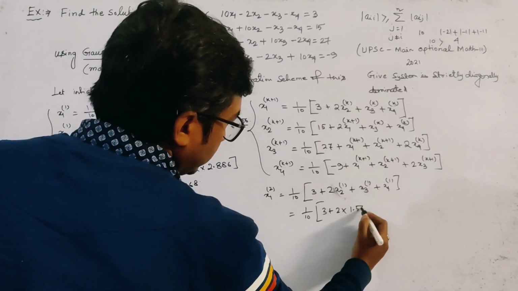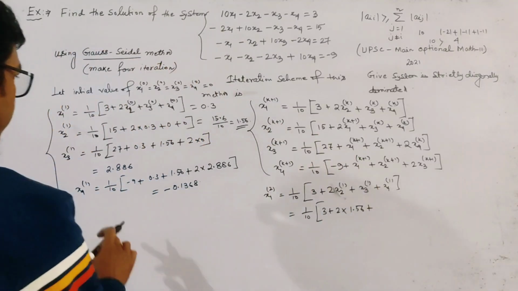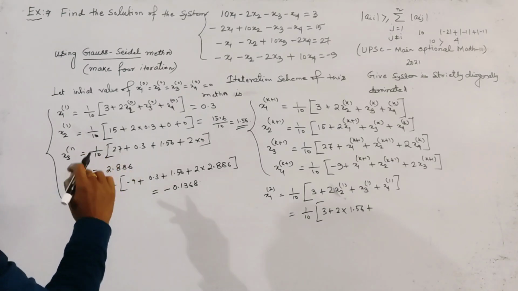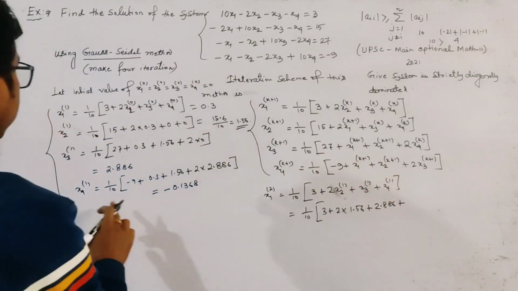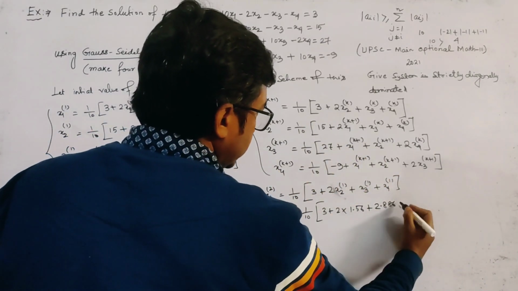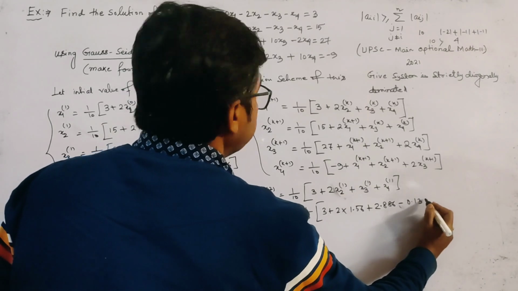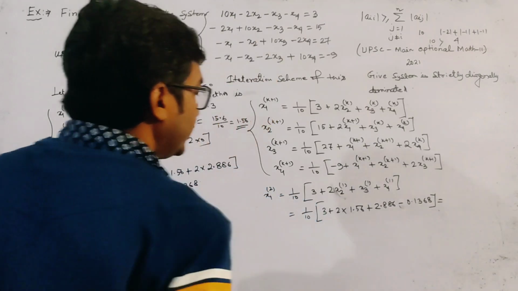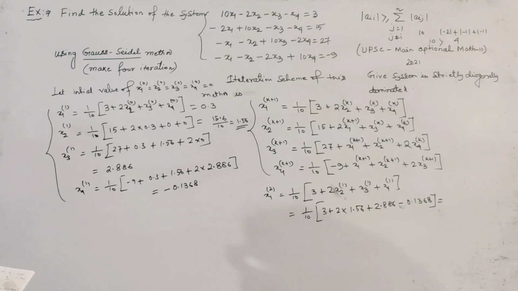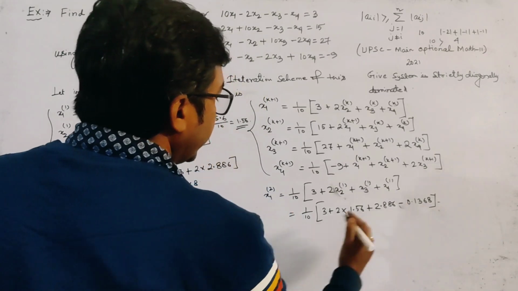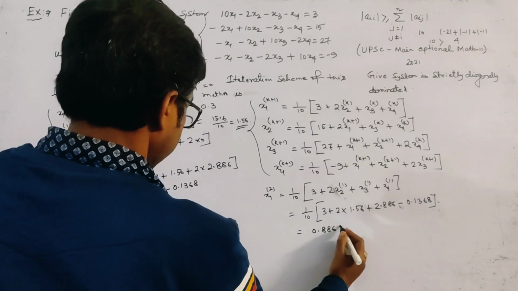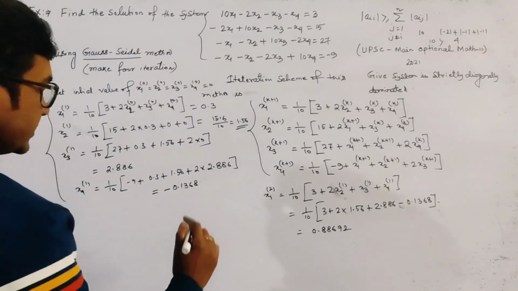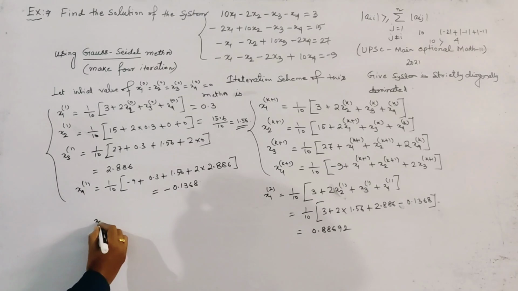We put 1.56 plus x3 1. x3 1 means this is 2.886, plus x4 1. This is given by minus 0.1368, and calculating we get the result as the second approximation of x1, which is 0.88692.